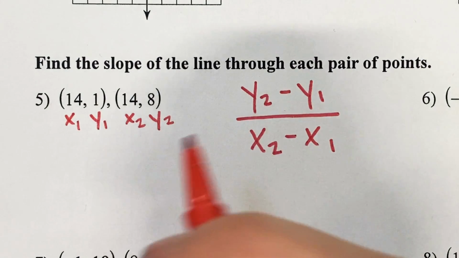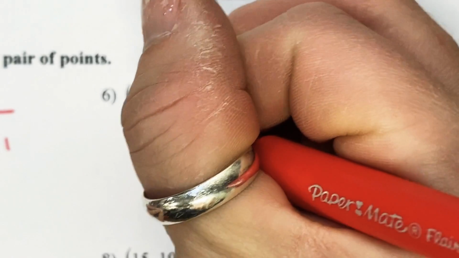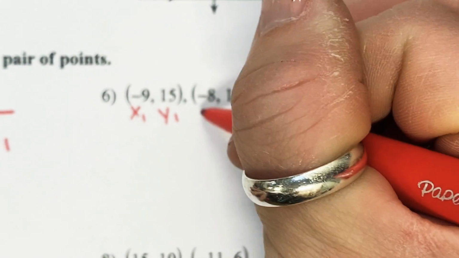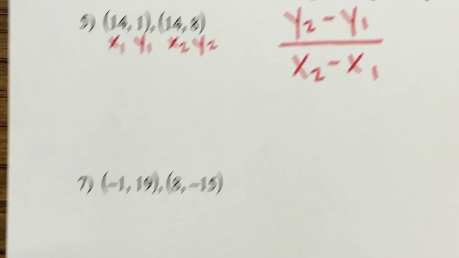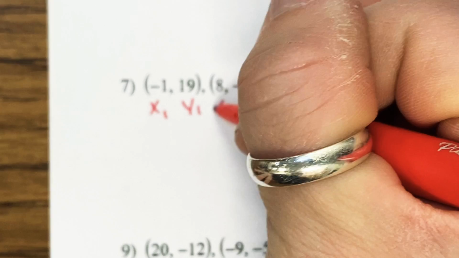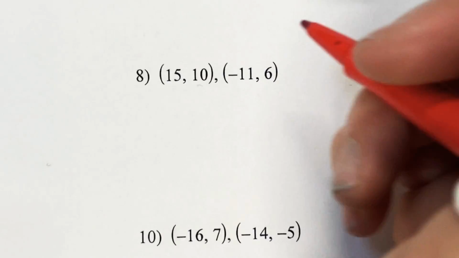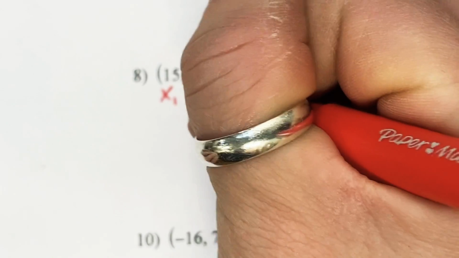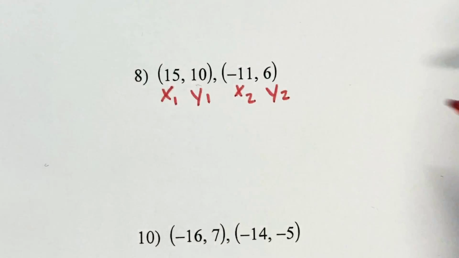Okay, so knowing that, let's go ahead and label all of our coordinate points. So on 6, we have x1, y1, and x2, y2. Okay, same thing on 7, x1, y1, x2, y2. 8, x1, y1, x2, y2.